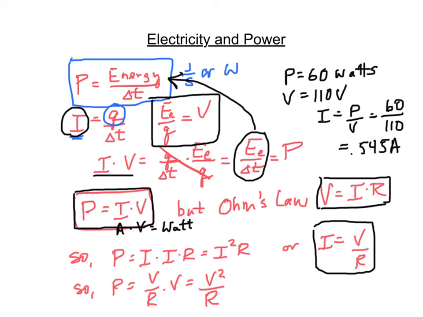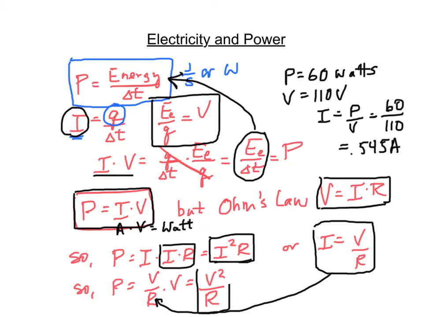So let's stick with V equals IR. When I substitute in I times R for V right here, I get the equation I squared R for P. If I substitute V over R for I, I get V squared over R. So there are two variations of the power equation that use different variables.